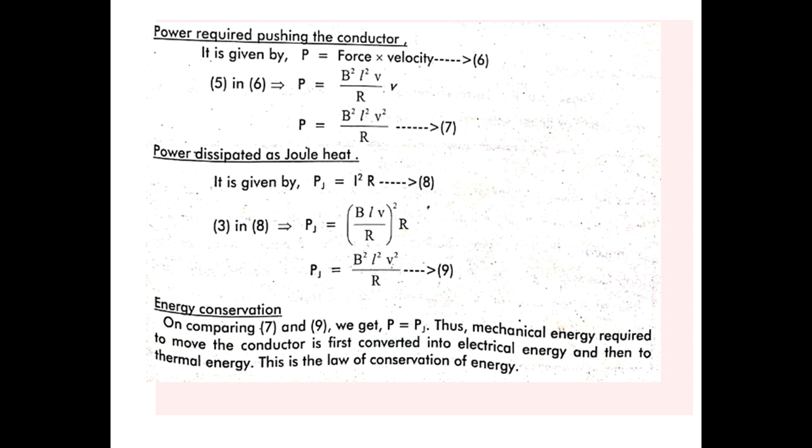into R. In the denominator R² is there, so one R gets cancelled.